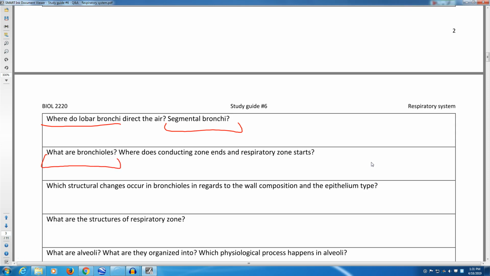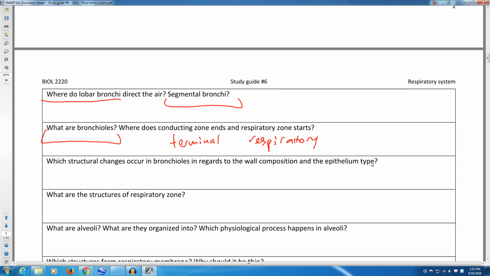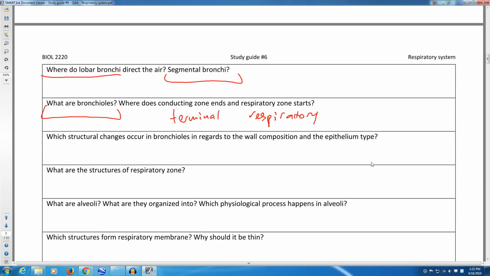Bronchioles are branches of the bronchi. The conducting zone ends at the terminal bronchiole. The respiratory zone starts at the respiratory bronchiole. The last element of the conducting zone is the terminal bronchiole. The first element of the respiratory zone is the respiratory bronchiole.